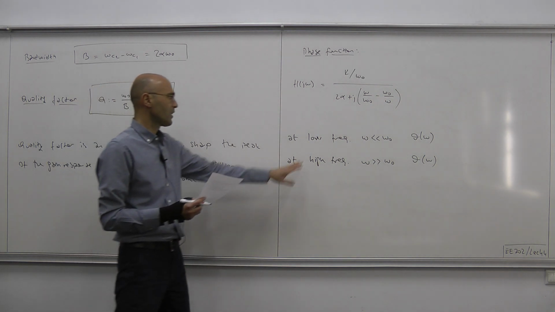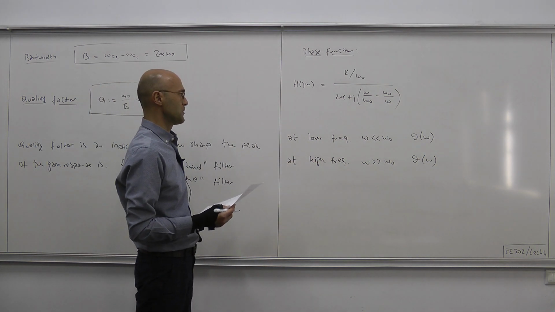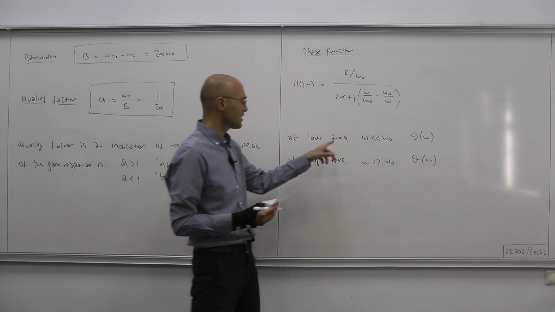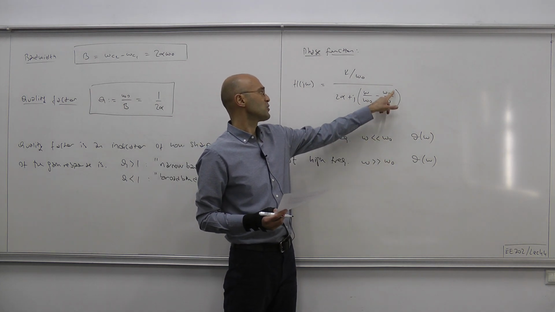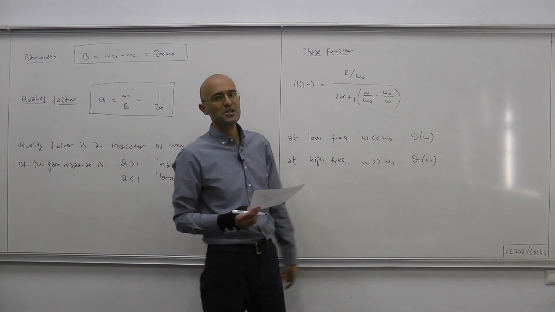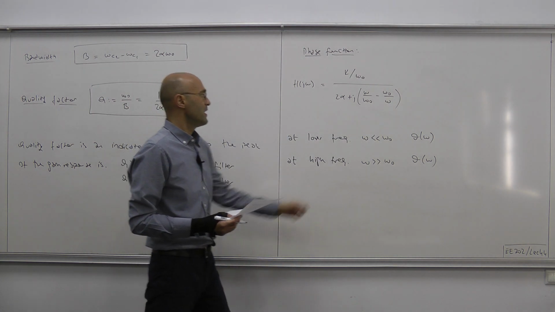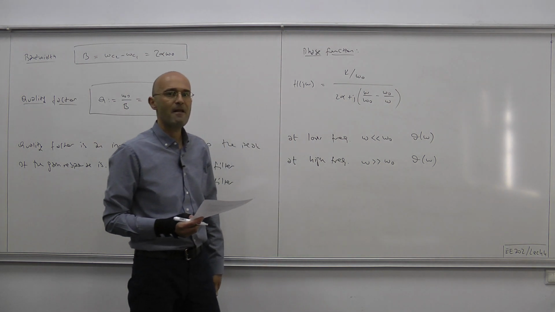Okay, let's begin with what happens at low frequencies. At low frequencies, that is when omega is significantly smaller than omega 0, that means omega 0 over omega, this term, is much larger than the remaining terms in the denominator.